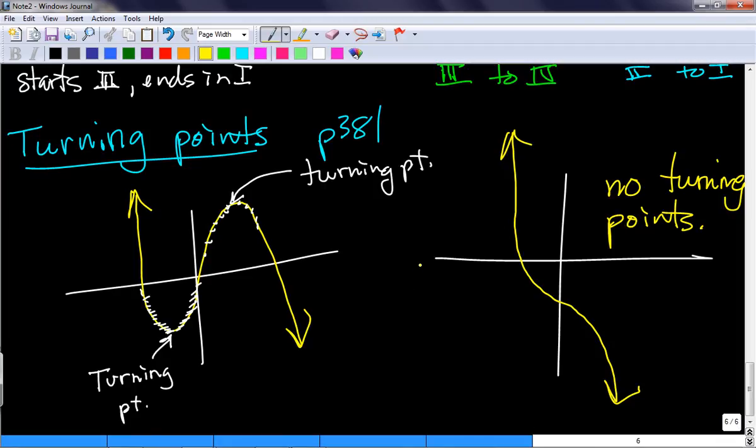The difference? Well, see, this one's going down, and then it goes up. So it turns around, goes down, then it turns around and goes up. This one's going down, but it never turns around. It still keeps going down. Got it? Okay. All right.